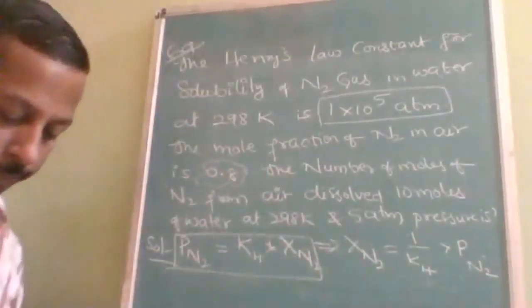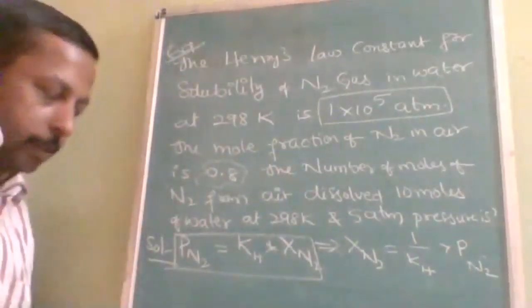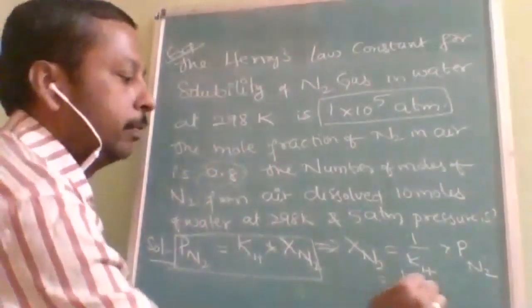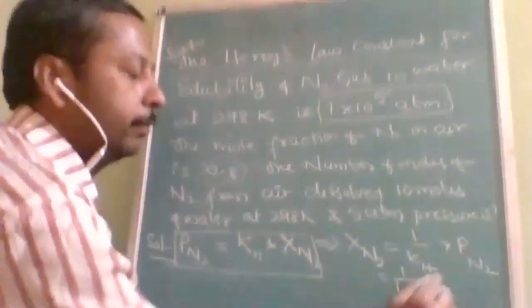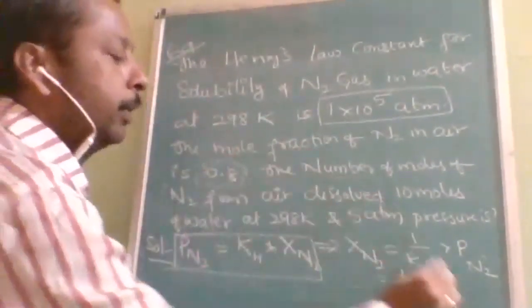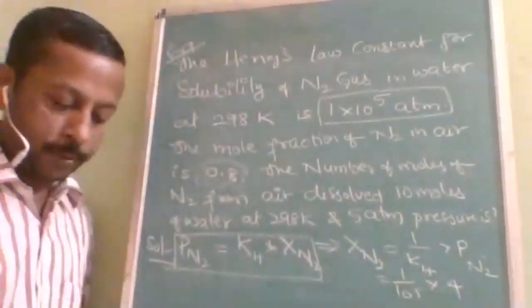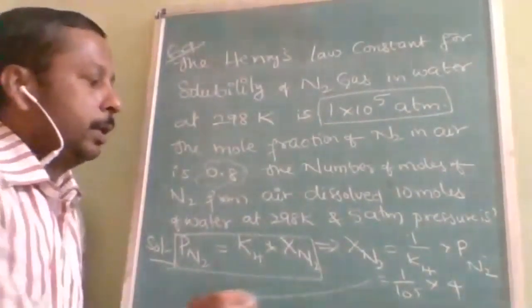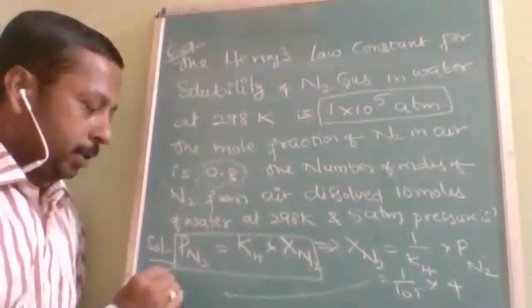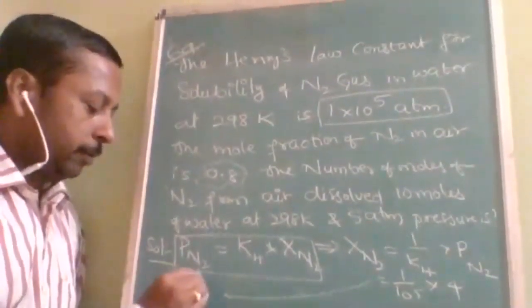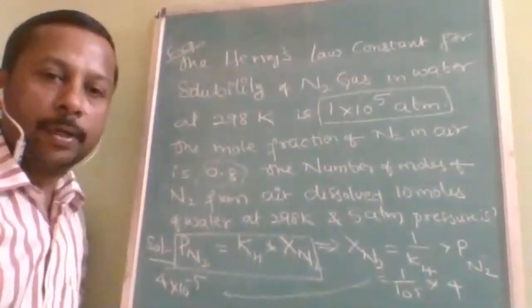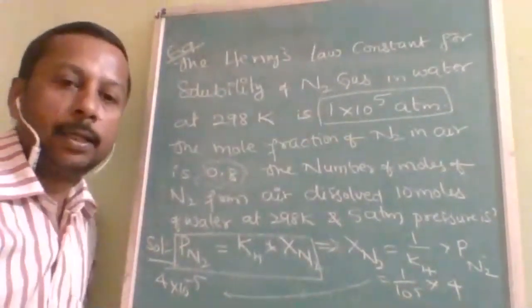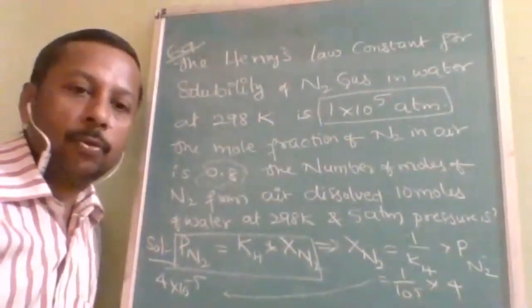So I will write 1 upon 10 to the power of 5 into 0.8 into 5, which is 4. So indirectly, I can write 4 into 10 to the power of minus 5. This is the mole fraction.